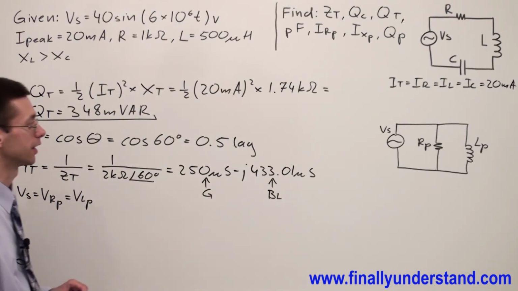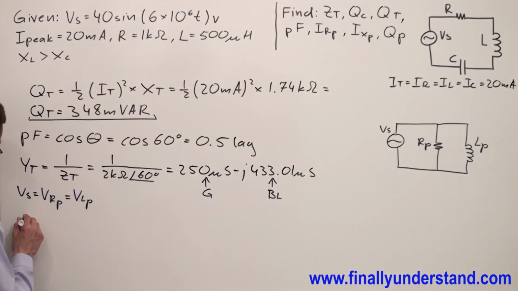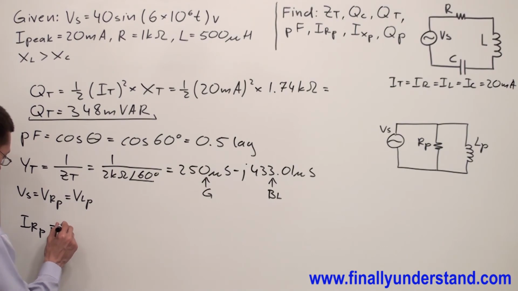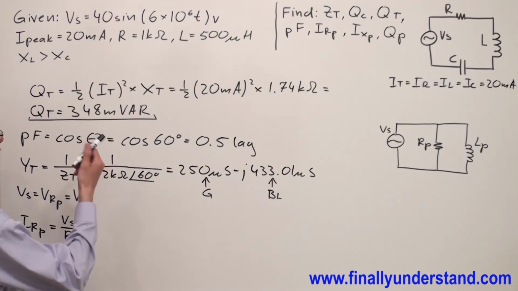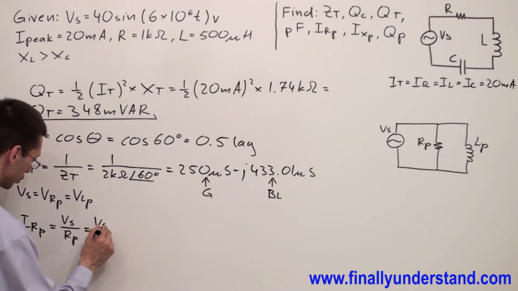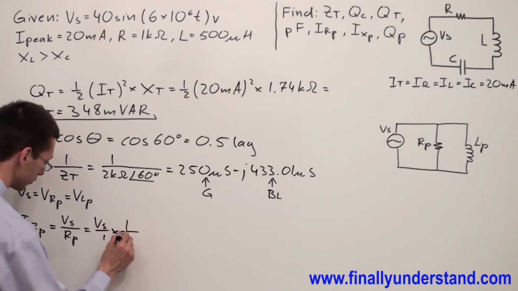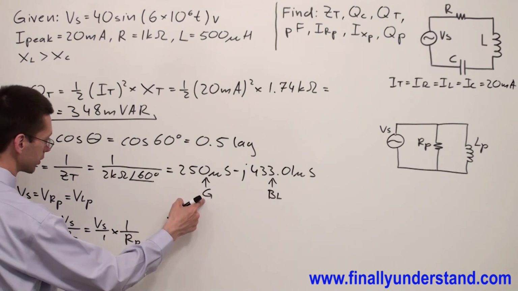Now we are ready to find the current which goes through resistor RP. I have a formula which says I RP, the current which goes through the resistor in my parallel equivalent circuit, is equal to voltage source over RP. But someone is going to say, we don't have RP, because the problem is not asking me for RP. So what I can do is simply rewrite this as voltage source over 1 times 1 over RP, where 1 over RP is nothing else but conductance.